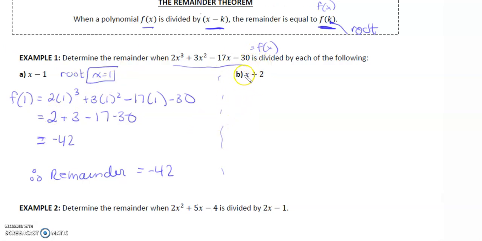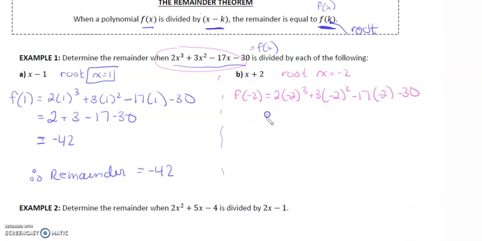For x plus 2, we know that the root is x equals negative 2. We're going to do the same thing. f(-2) equals, and we sub negative 2 into this equation: 2 times negative 2 cubed plus 3 times negative 2 squared minus 17 times negative 2 minus 30. 2 times negative 2 cubed is negative 8, plus 3 times negative 2 squared is 4.